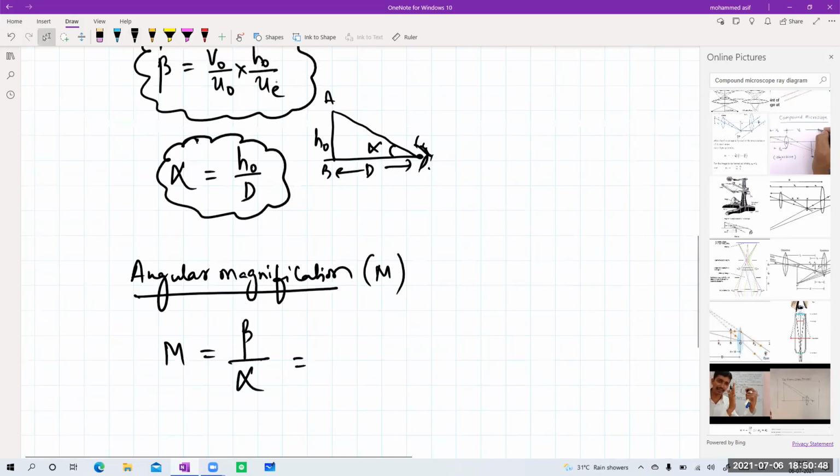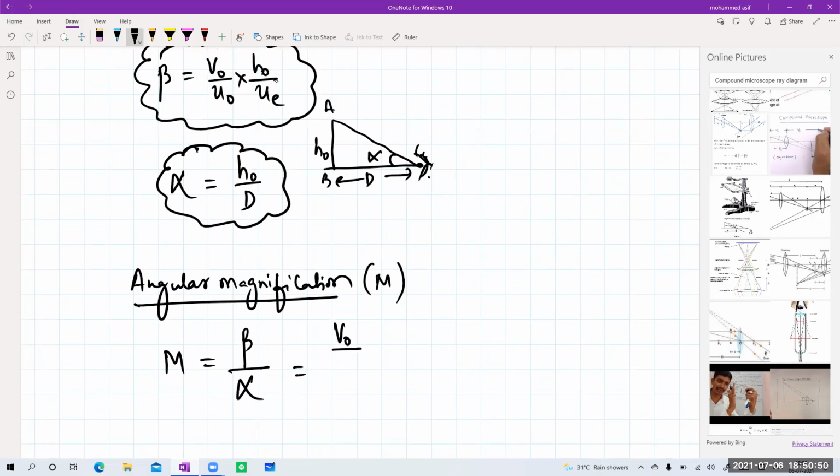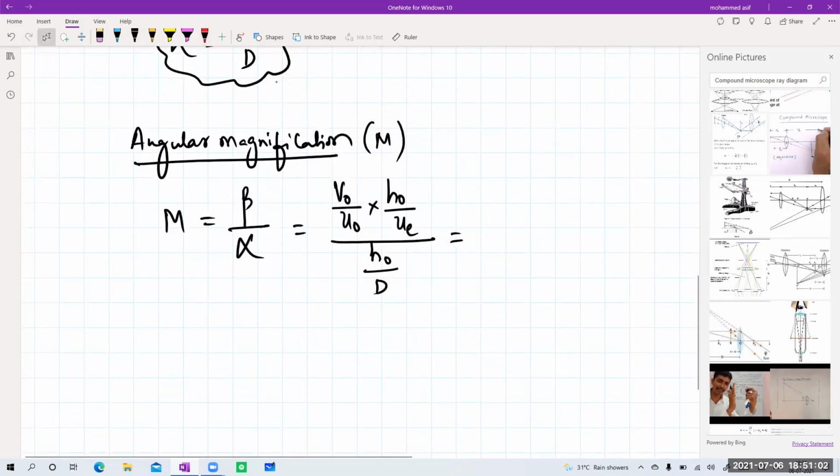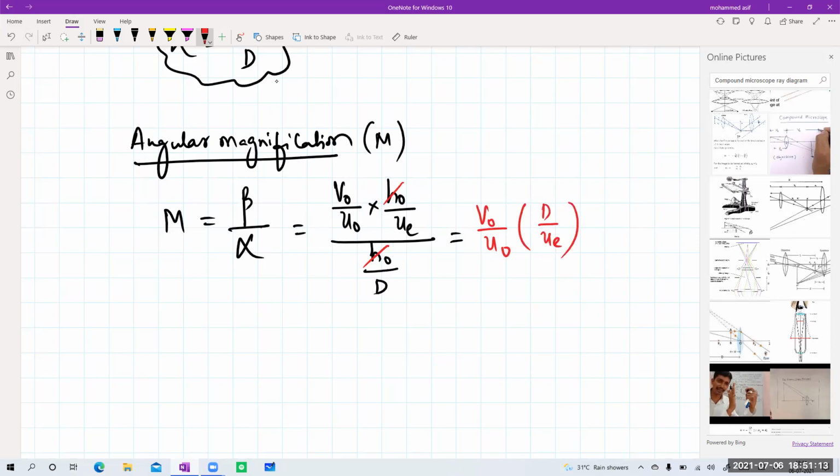You see, beta value I got as V naught divided by U naught into height of object divided by object distance of eyepiece, by alpha. Alpha is nothing but H naught divided by capital D. Is anything getting cancelled? H naught and H naught will go. So this will become V naught divided by U naught into D by UE.